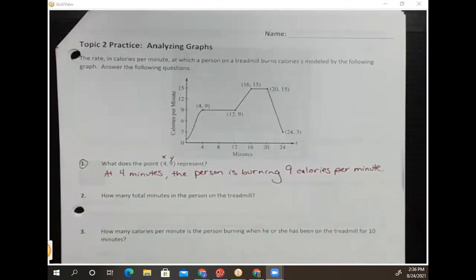Let's hop down to number 5. Number 5 says, when is the person burning the highest number of calories? What do I want to look for on the graph there? So we want to look for the highest point on the graph, you're right.